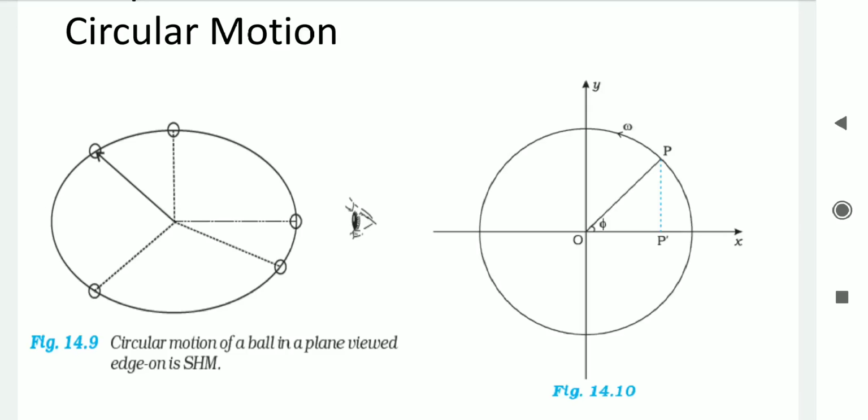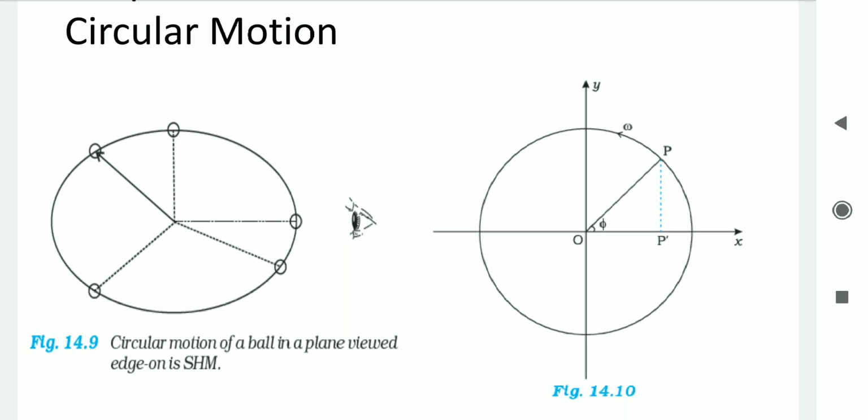So here we get the function of displacement x of t, which is equal to A cos (omega t plus phi). And that P is projected onto the x-axis, giving a point P dash on the diameter, so the object is moving along its diameter on a straight line, which executes simple harmonic motion.